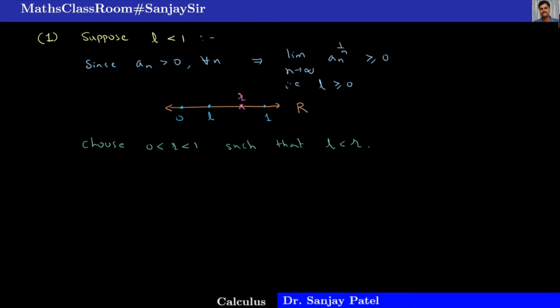Now consider the fact that the limit n tends to infinity an raised to 1 upon n is equal to L. And for this we are going to apply the definition of limit of a sequence.